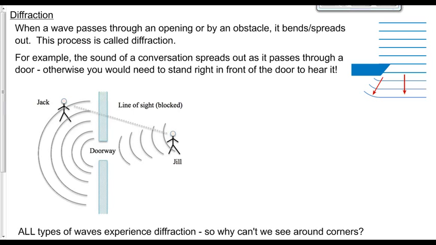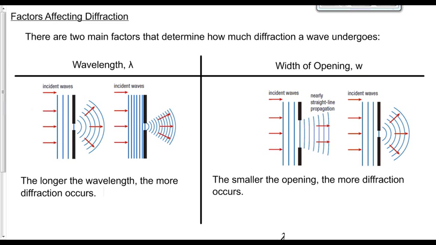It has to do with two dominant factors that are going to make diffraction a bigger or smaller effect: wavelength and the width of the opening. Let's explain the effect first, and then we'll try and explain why that happens.